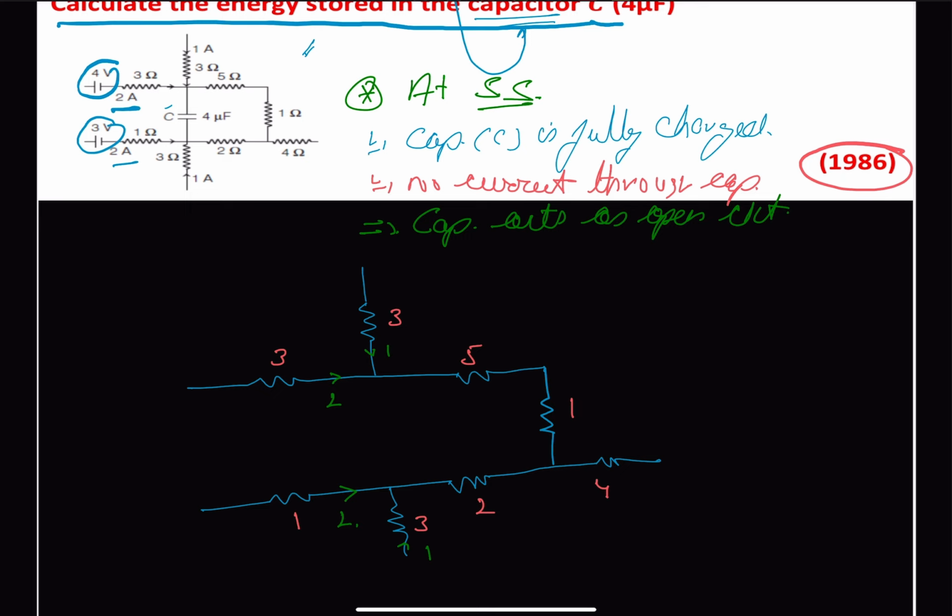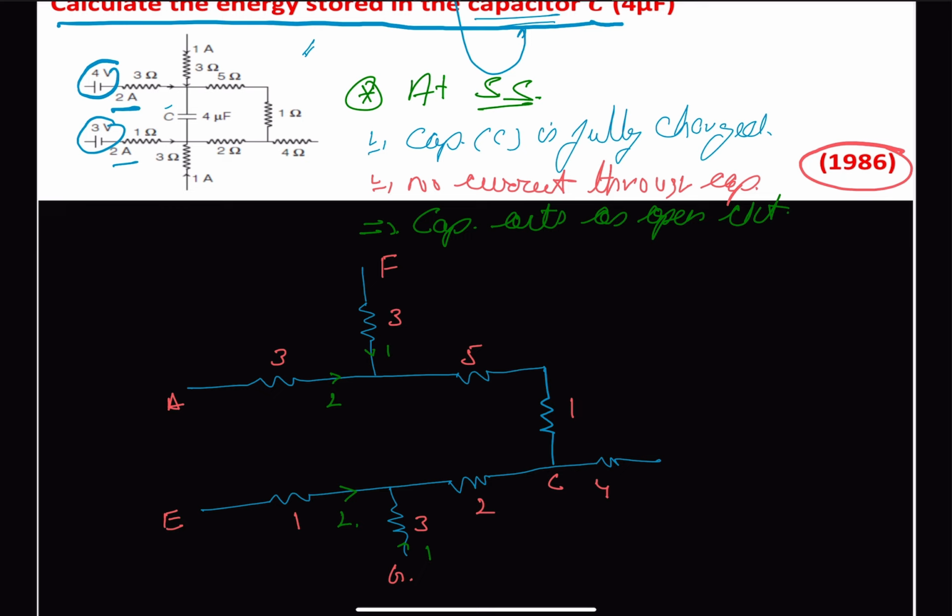And let us provide alphabets for the circuit. Let us suppose this is our A, B, C, D and E, F as well as our G. And the capacitor was our open circuit.